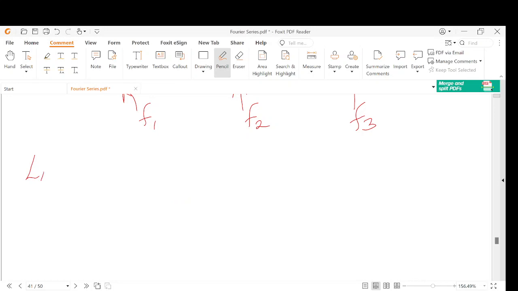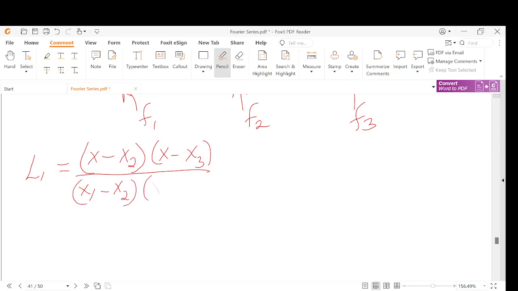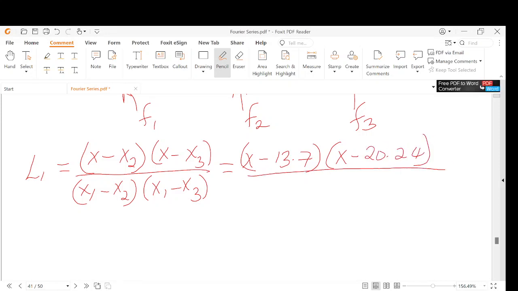So we can write L1 will be x minus x2, x minus x3 divided by x1 minus x2, x1 minus x3, and this will give us x minus 13.7, then x minus 20.24, and then the denominator we have x1, which is 3.87 minus 13.7 multiplied by 3.87, again x1 minus 20.24.